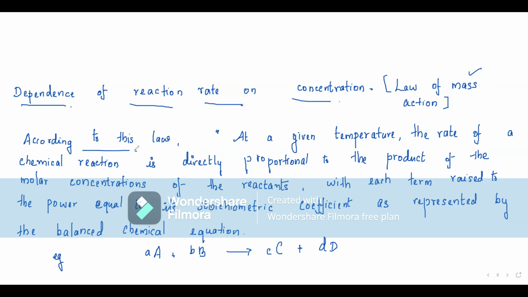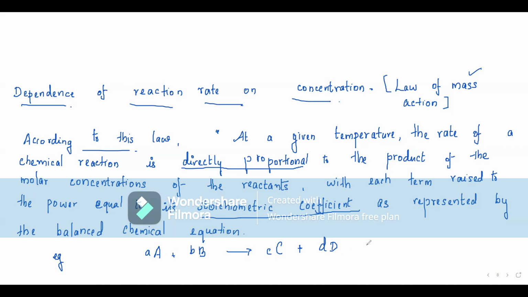According to law of mass action, at a given temperature, the rate of a chemical reaction is directly proportional to the product of molar concentration of reactants with each term raised to the power of the respective stoichiometric coefficient, the number in front of it, as represented in the balanced equation.